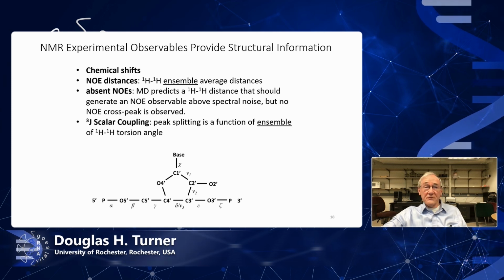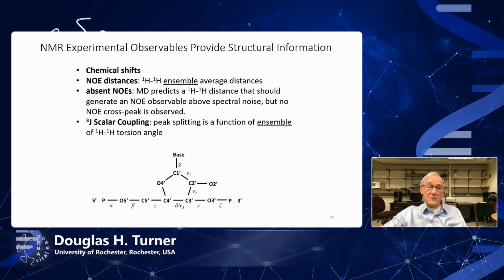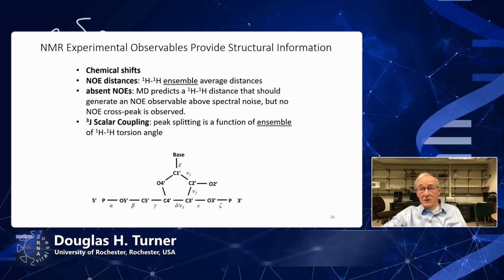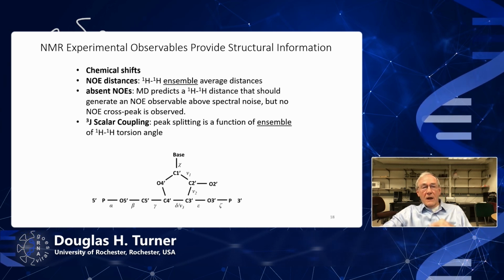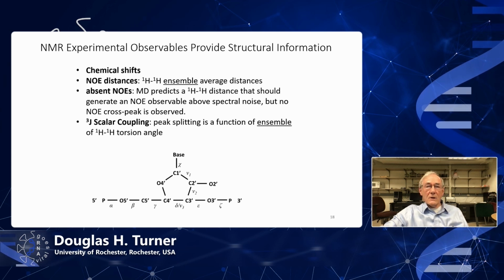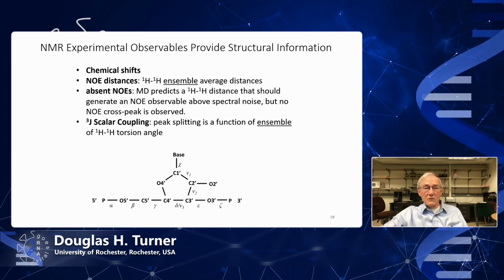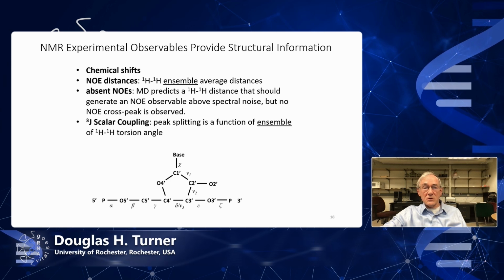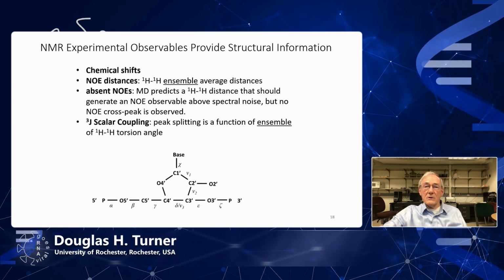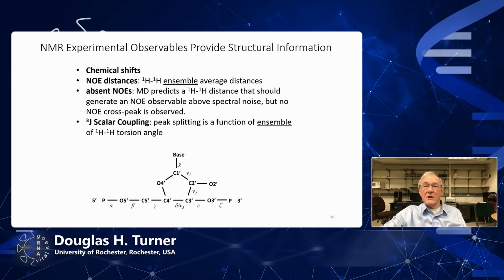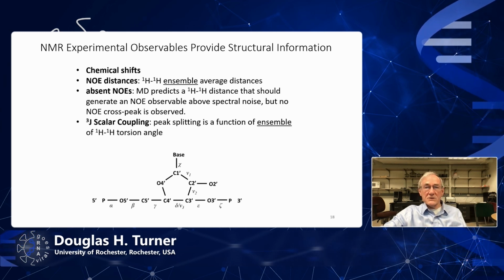Sometimes we see a predicted NOE and it's not there in the spectra. And also in NMR spectra, you can get what are called scalar couplings, which are telling you what the torsions are. So that's another thing that we compare between the NMR experiments and the simulations.